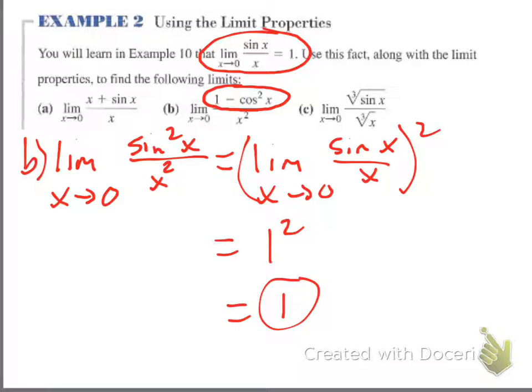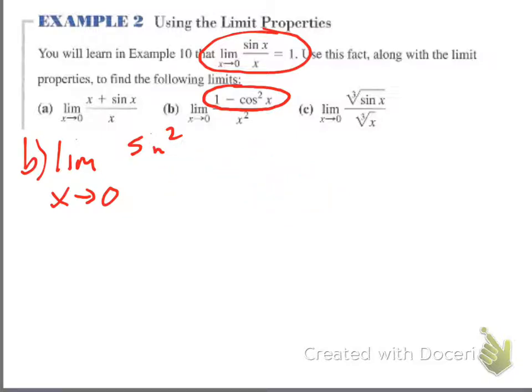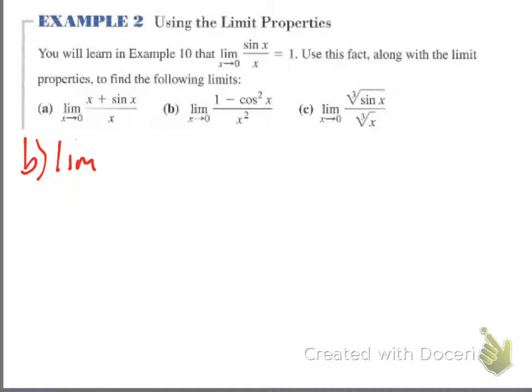Now, if you look at C, what we have is the limit as x approaches 0 of the cube root of sine x over the cube root of x.